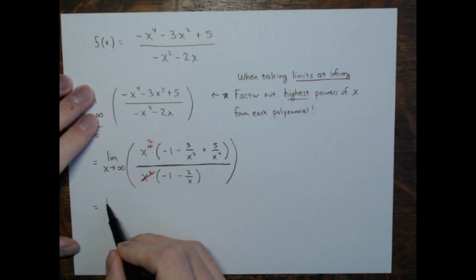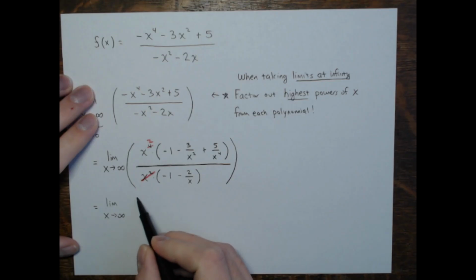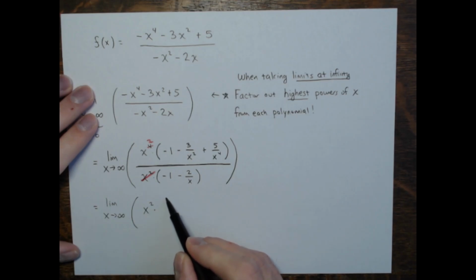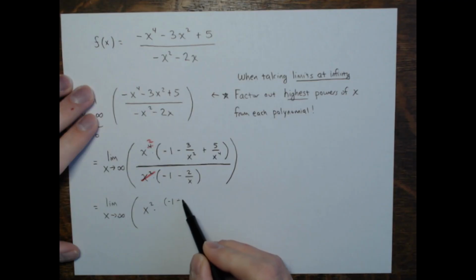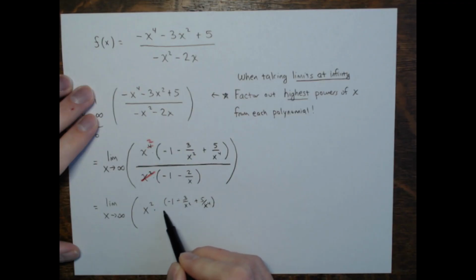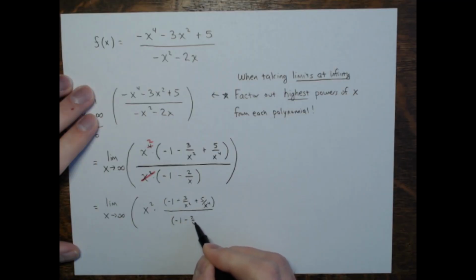And so now I have the limit as x approaches infinity of just x squared times, and then this, -1 minus 3 over x squared plus 5 over x to the fourth up top, and the -1 minus 2 over x, down here.